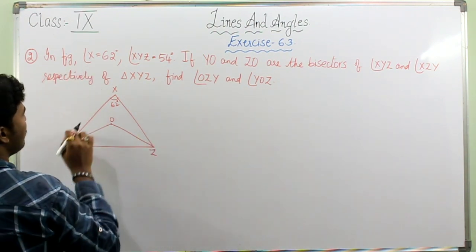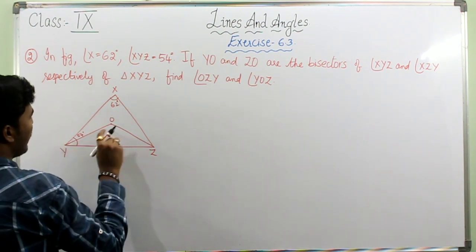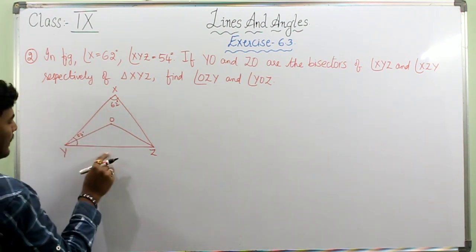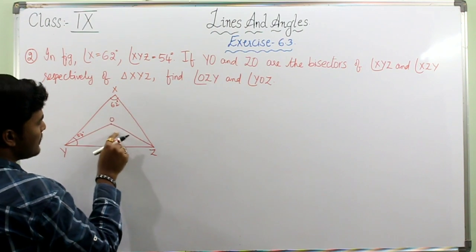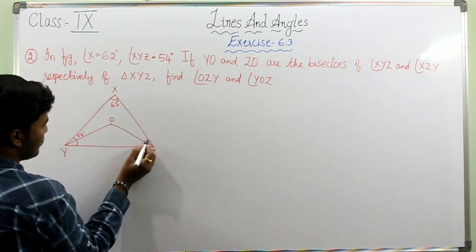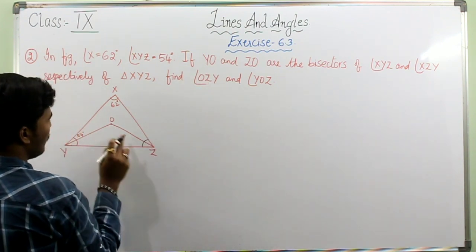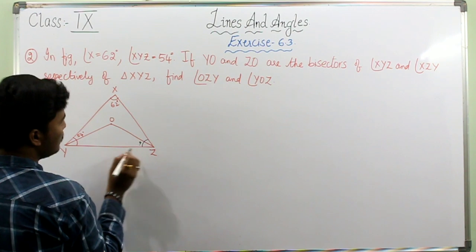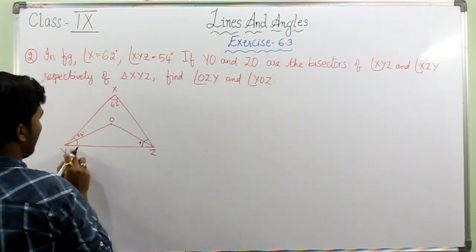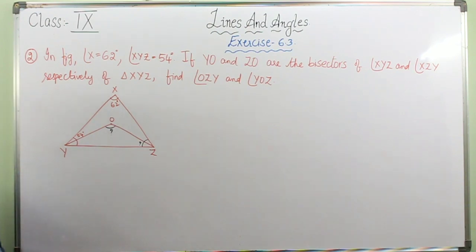So we have a triangle XYZ, right, and we have YO which is bisecting the angle Y, and we have ZO which is bisecting the angle Z. Okay, so we have to find out OZY, this angle, and YOZ, this angle also we have to find out.